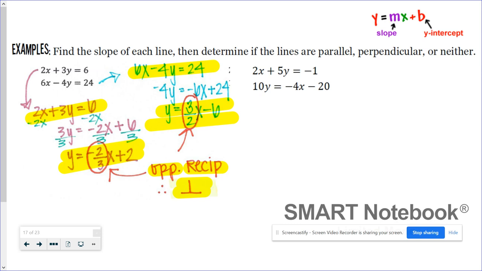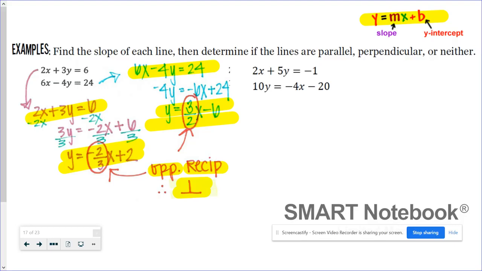In our second set of examples, the line 2x plus 5y equals -1, it's in that standard form once again, so I'm going to have to rewrite it in slope-intercept form to accurately determine the slope. The second line is, well, it's not really any specific form of a linear function.